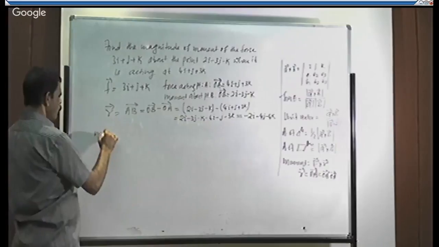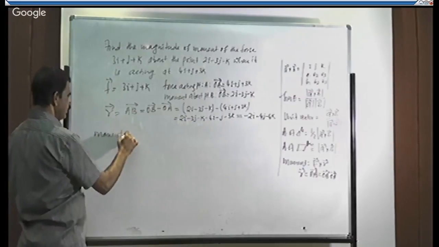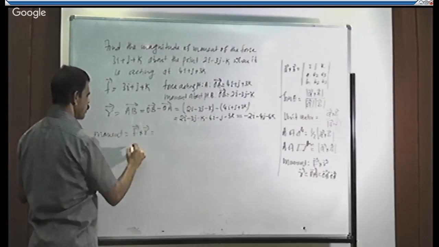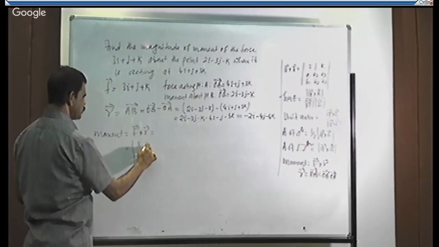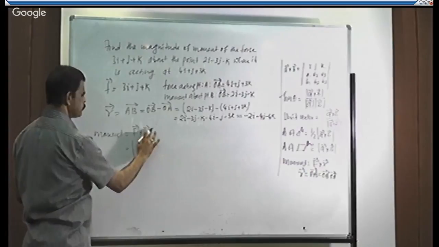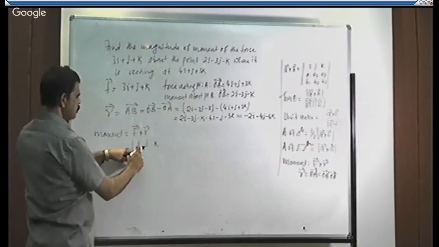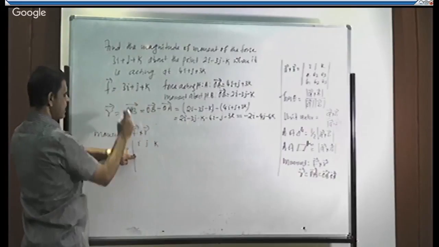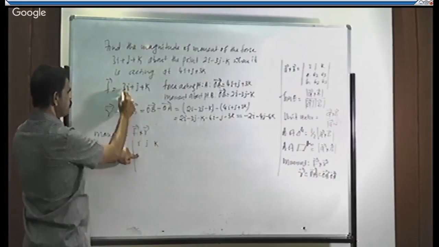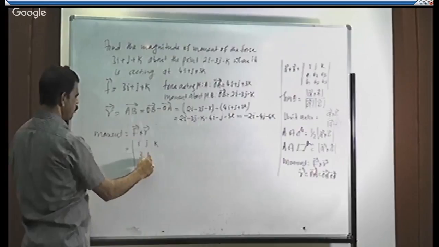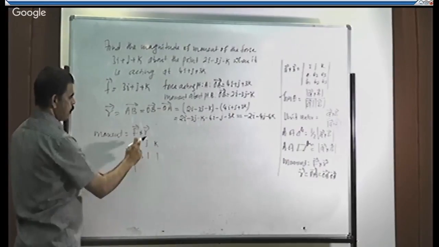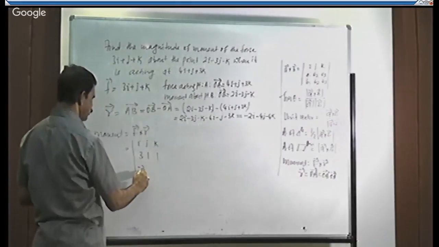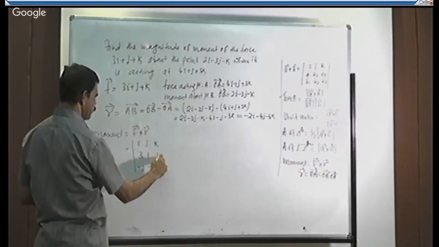Now moment is equal to F cross R. So what is F cross R? i, j, k. Take the coefficients of i, j, k in the vector F as the second row elements: 3, 1, 1. R is minus 2, minus 4, minus 4.